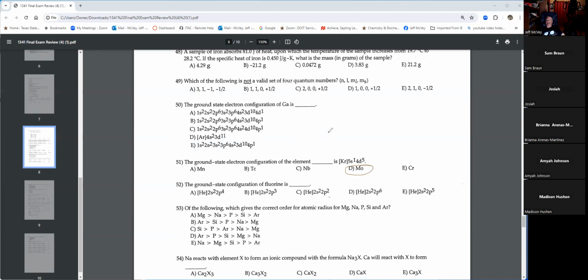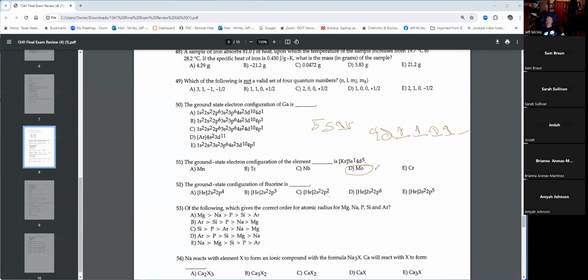And the reason that it's an exception, if you look at molybdenum, you've got the 5s and then the 4d is sitting down here. There's 5 orbitals. And so you would think it would be 5s2, 4d4.